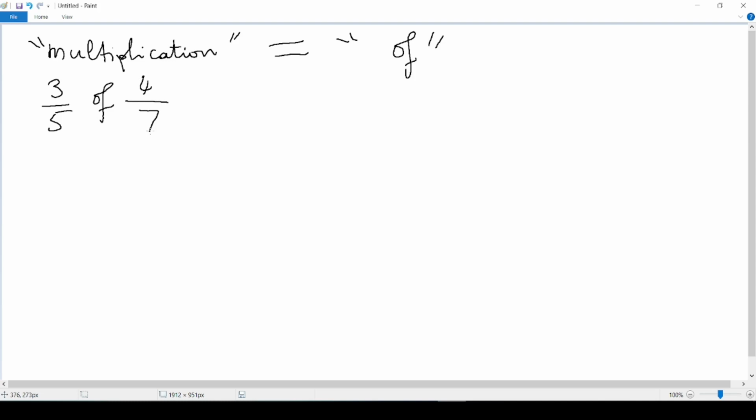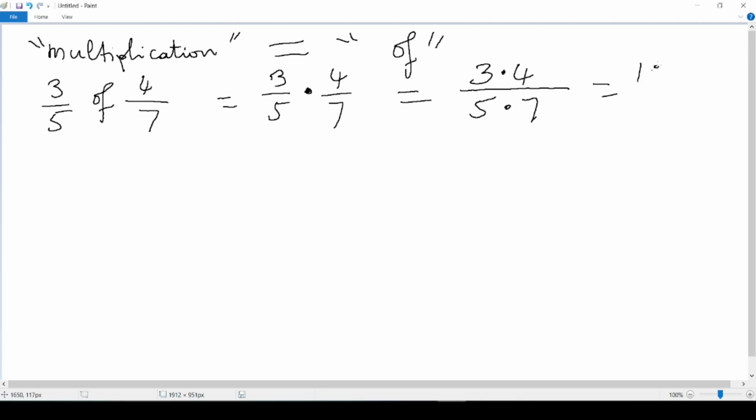This is the same thing as saying multiply 3/5 by 4/7, and we continue our operation by doing numerators times numerators over denominator times denominator, and our answer is 12 over 35.